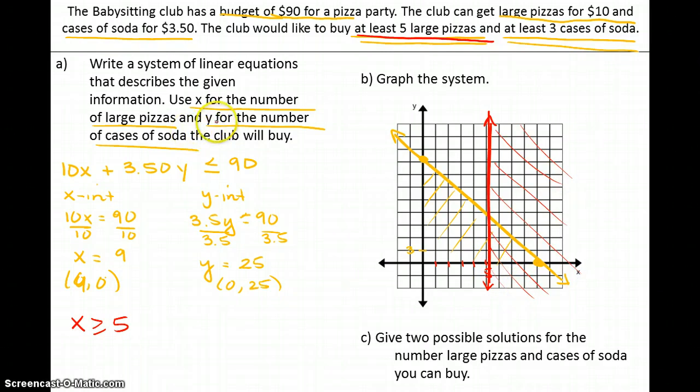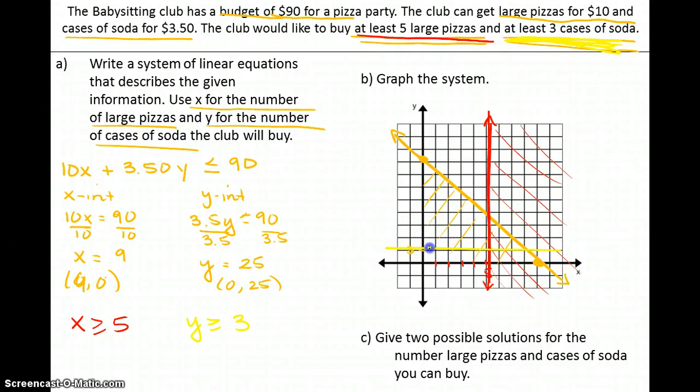The other inequality is for the number of cases of soda that we wish to buy. Knowing that we want to buy at least 3, this would give me y is greater than or equal to 3. Remembering that you went by 3s on your y-axis, it's going to be kind of low.